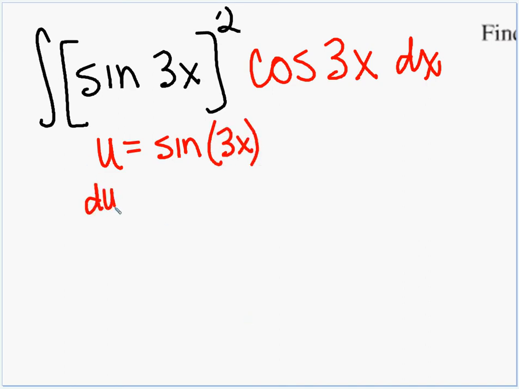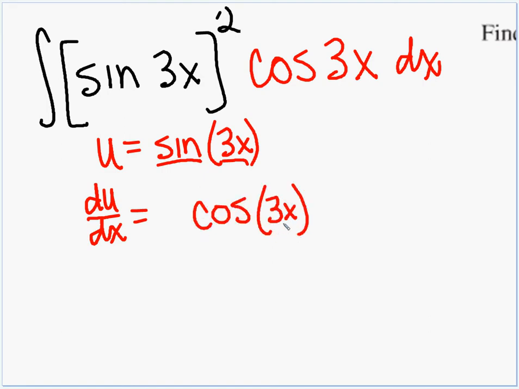And what's the derivative of sine 3x? Well, that's going to be cos of the same 3x, and then we need the chain rule. Inner function is 3x, derivative of 3x is 3. And then to get du by itself, I will move my dx to the other side. So there we go. We've got our u is equal to sine 3x, all underlined in blue.